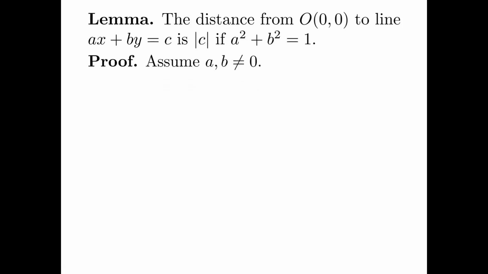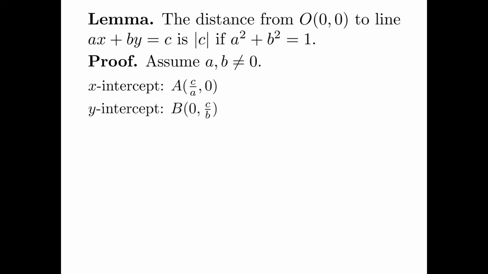We assume a and b are not 0. If one of them is 0, then the equation would be a line that's parallel to either the x-axis or y-axis, and the result would be very easy to verify. Under this assumption, the x-intercept would be c over a, assuming y equals 0, solve for x.